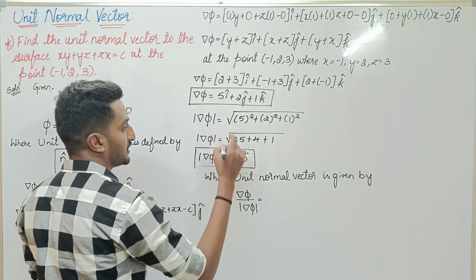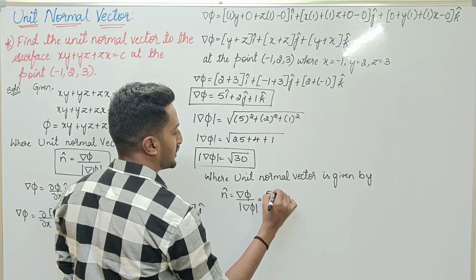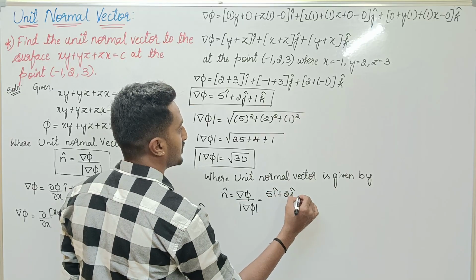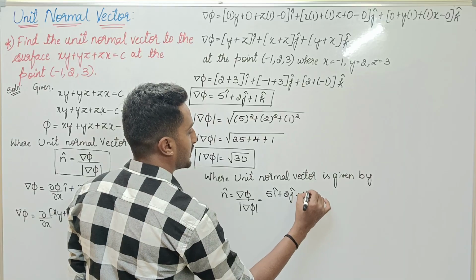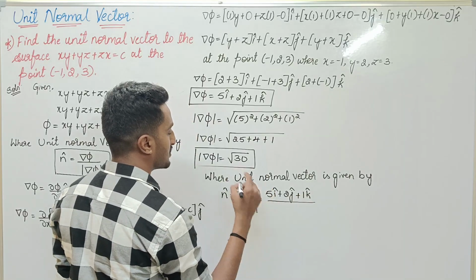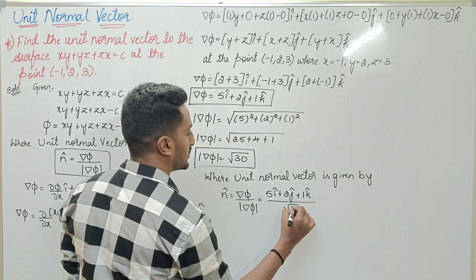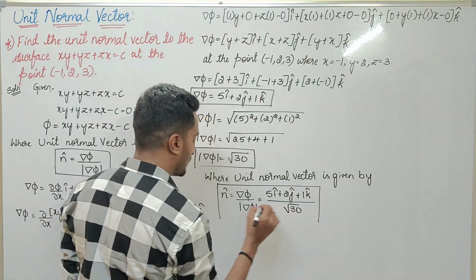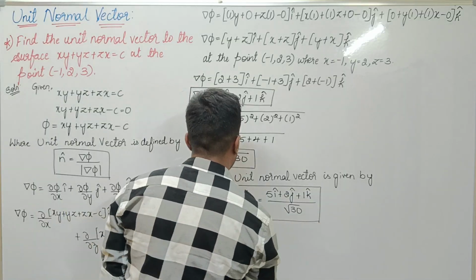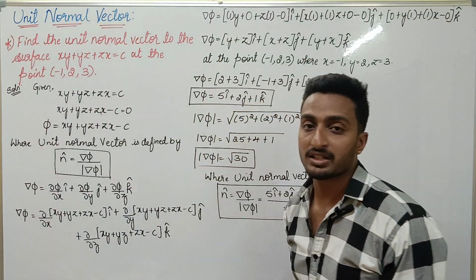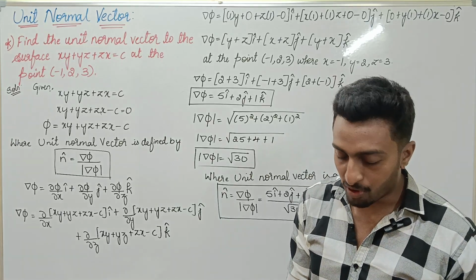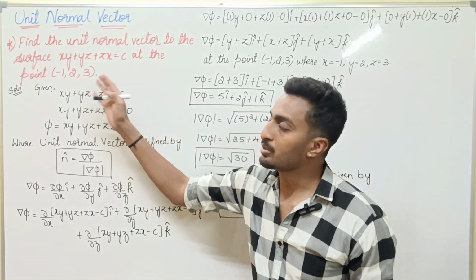What is gradient phi? We have 5 i cap plus 2 j cap plus 1 k cap, divided by modulus of gradient phi, which is root 30. This is our required unit normal vector of the given scalar function xy plus yz plus zx minus c at the point minus 1, 2, 3.